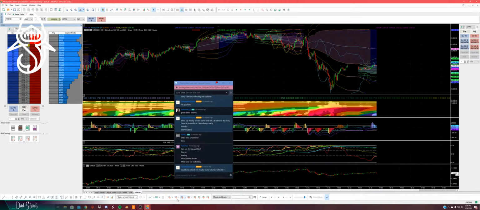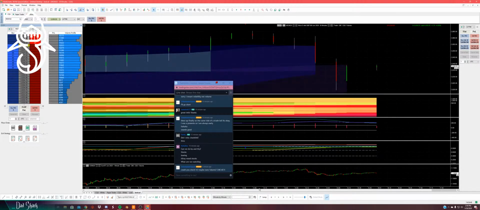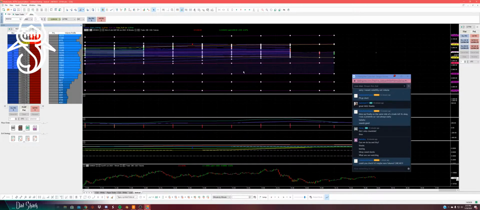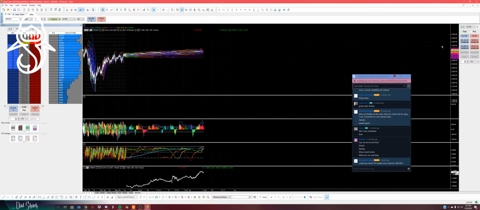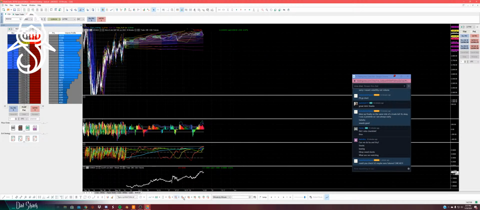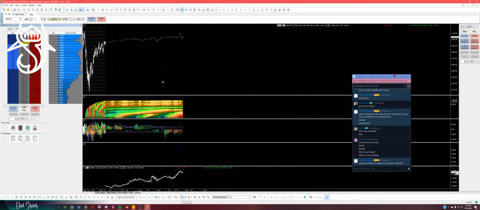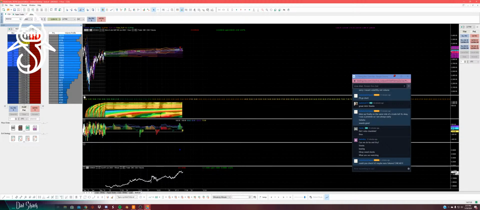Let's pop up to the 30-minute chart here. Okay, we can afford to zoom out. Wave PM is slowing everything down. Come on. There we go. Alright, this might be a little too laggy for me to do right now. Or at least I could remove Wave PM and try again.